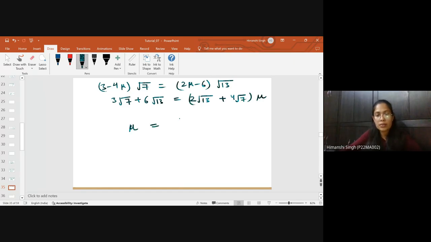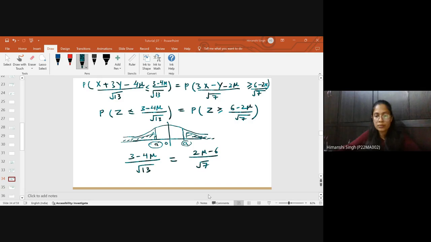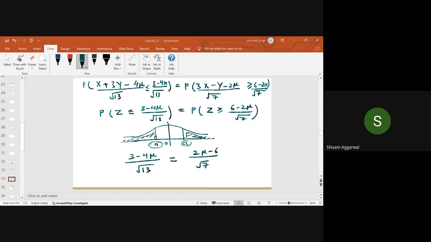So mu will be (3 root 7 plus 6 root 13) divided by (2 root 13 plus 4 root 7). So this is basically the mu. Is that fine? Yes, ma'am.